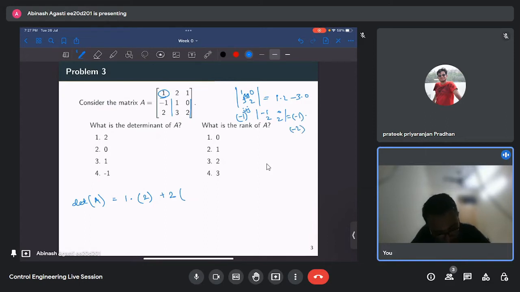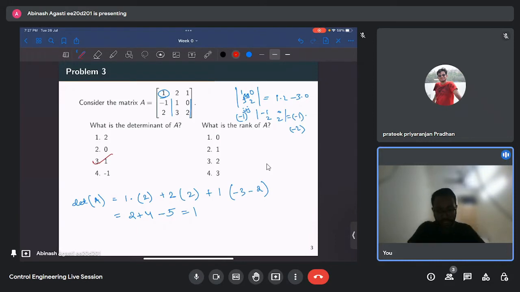So we'll have minus 1 into minus 2, that is 2. Then similarly for the last one, we'll take this matrix for the cofactor and we'll have 1 into minus 3 minus 2. So this is 2 plus 4 minus 5. So this is 1. So the determinant is 1.